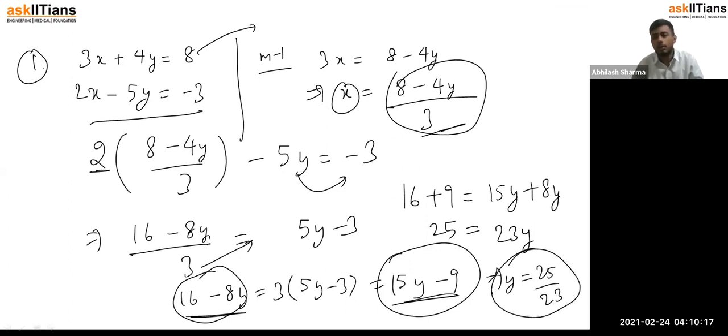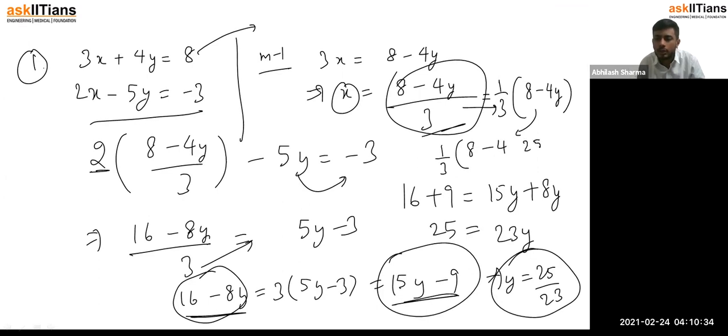Okay. Now what about x? So from this equation, we will get x would be equal to, look, can I write this as 1 by 3 times (8 minus 4y)? Correct. So this becomes 1 by 3 times (8 minus 4 into 25 by 23). Okay. That's what we are getting as the value of x.